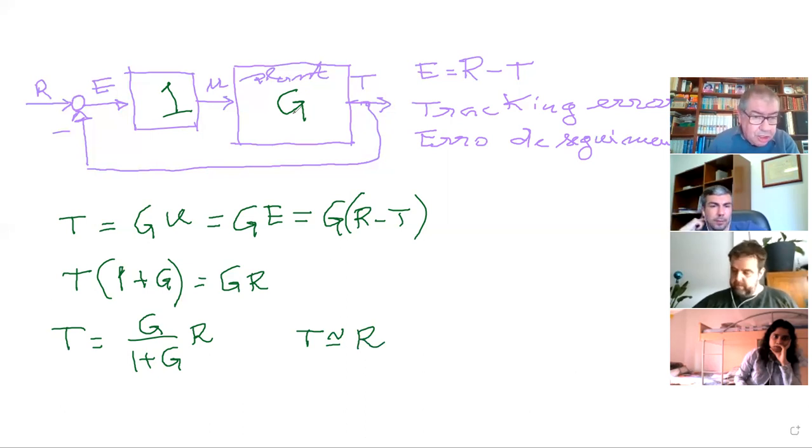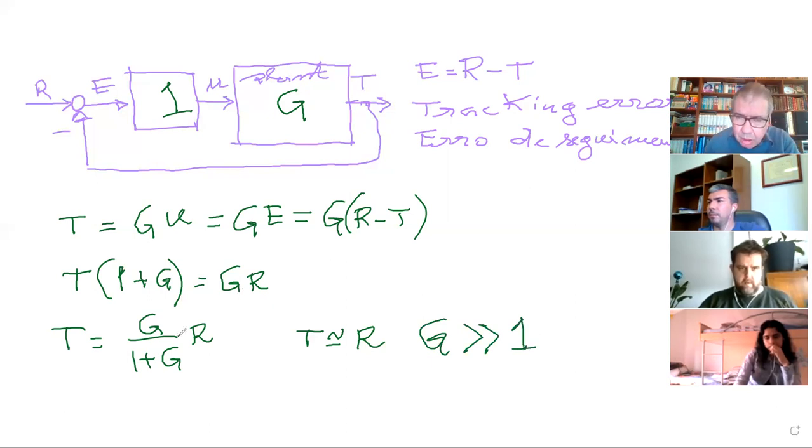But in what conditions does this control law yield something such that T is close to R? When G is higher than 1. G very big, G much higher than 1. Because in that case, this becomes... can you complete your reasoning, Maxi?